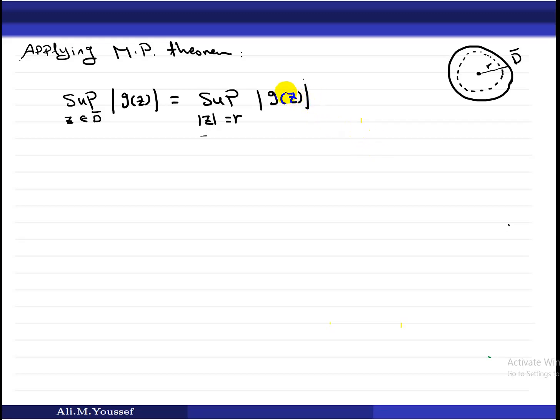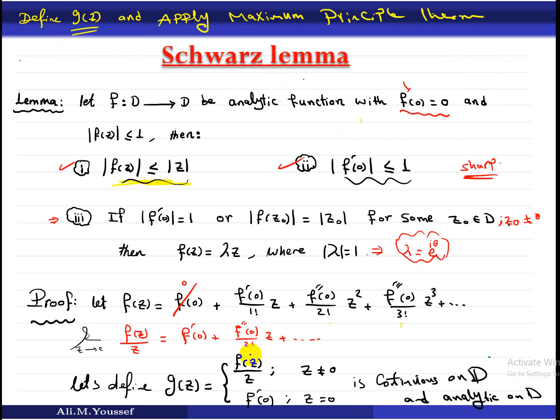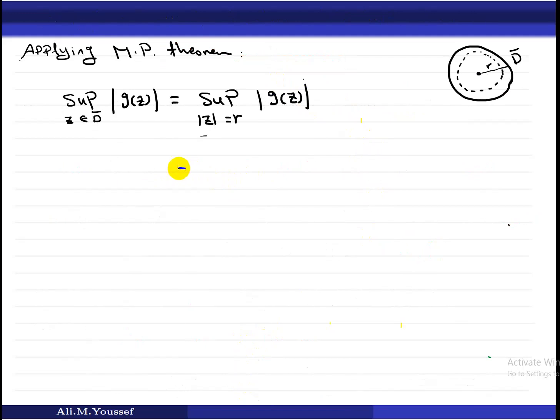So let's go back to the function g. What's the function g here? The function g is f of z over z. So this is equal to the supremum when the modulus of z is equal to r, of the modulus of f of z over z. We can cancel this one.